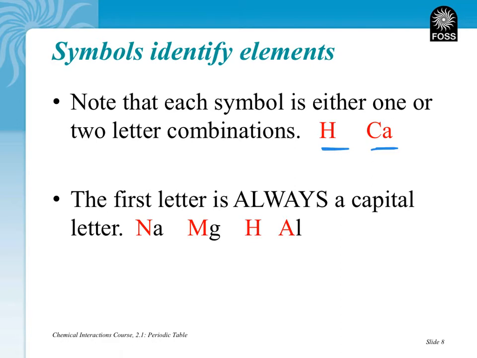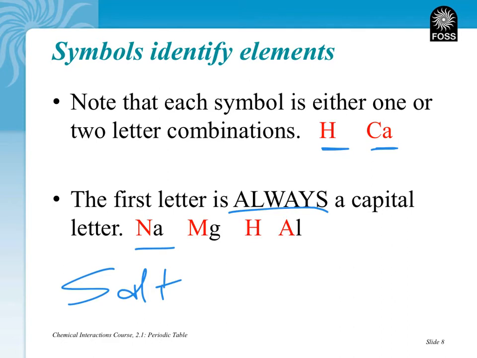The second thing about those symbols is that the first letter will always be a capital. In the examples here, capital N, lowercase a stands for sodium, that's salt. Mg is for magnesium. The first letter is capital, the second letter is not. First letter H, do you remember that? That's hydrogen.